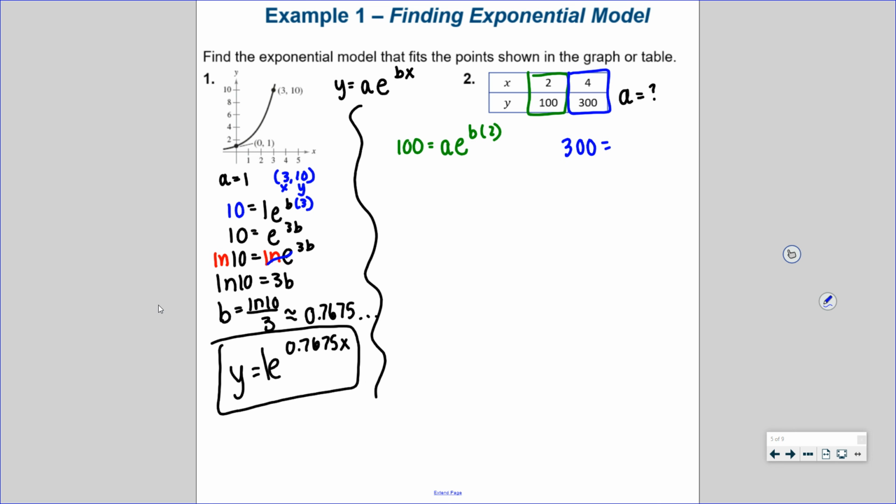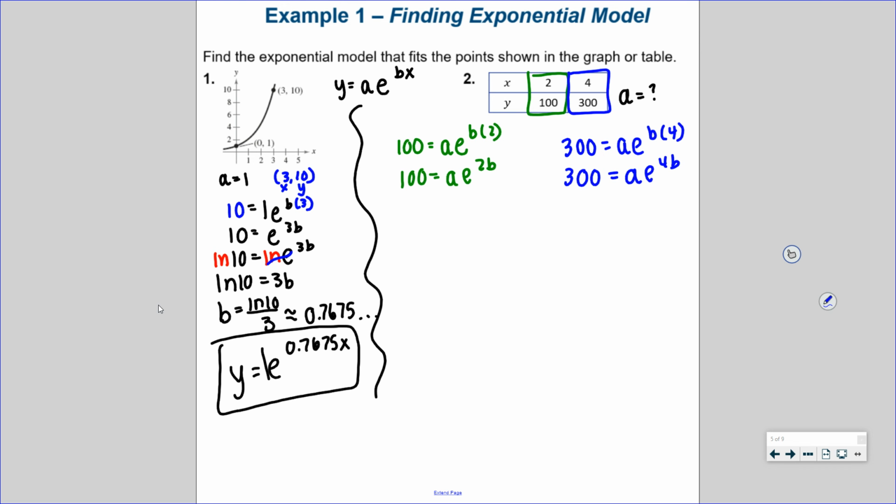So this one has a y value of 300 equals A e to the b times 4. I would just clean these up a little bit, and I'm totally fine with you writing this right away as 2b or 4b. You guys recognize that, but just for the sake of our notes, I'm showing what we're plugging in where.